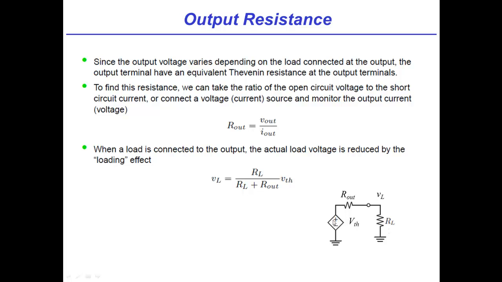Now, of course, there's an internal voltage source that we're going to talk about on the next slide, which is what really does the amplification. But for now, just assume there's a voltage source here, and the key is, again, this loading. It's the same thing that happened to the input. When I connect a load to the output of the amplifier, the actual output voltage that I see across this load, in other words, whatever circuit is connected to the output of the amplifier, is going to see VL.